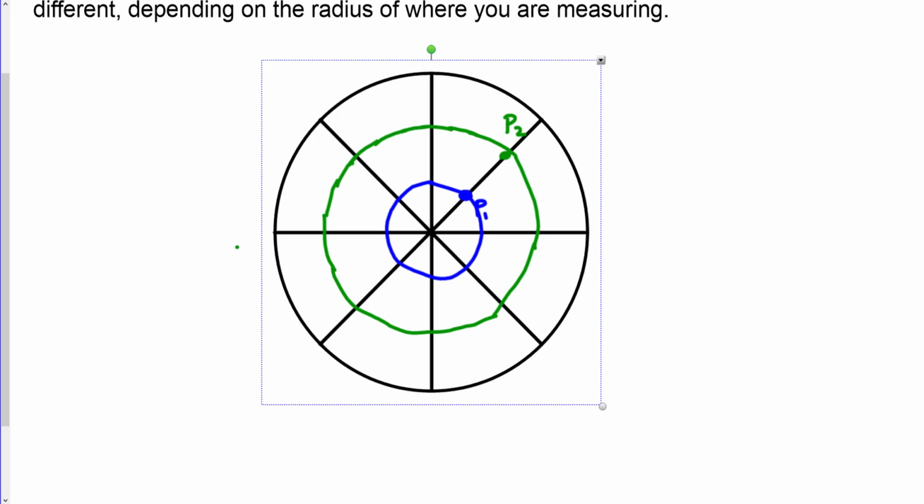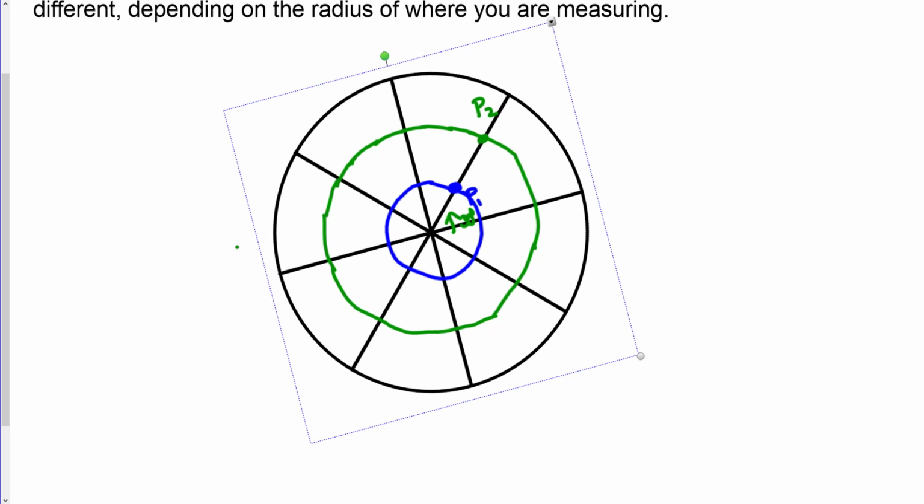So P1 and P2 were rotating around the center point of rotation at the exact same speed, at the exact same angular velocity. So the angle with which they rotated was the same. For instance, we started at an angle measure of, say, 30 degrees.